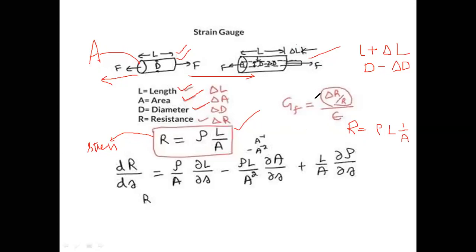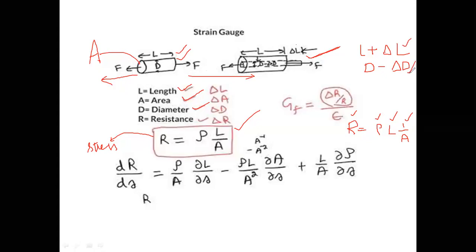What I want to find now is, the resistance is changing if rho varies, or L varies, or 1 by A varies. If area varies, resistance changes. If length varies, resistance changes. If rho varies, resistance changes. Now what is happening here? Due to applied force, length is increasing and diameter is decreasing.